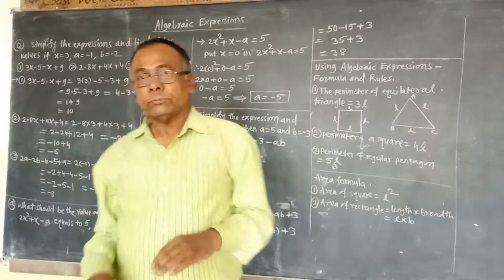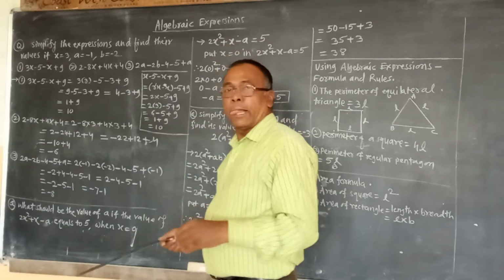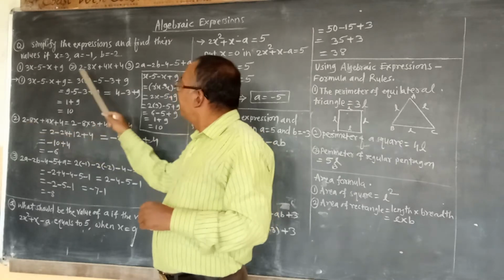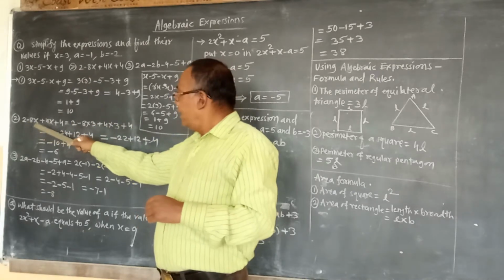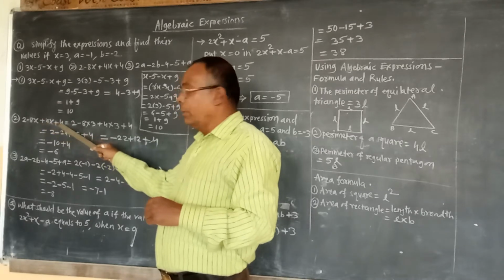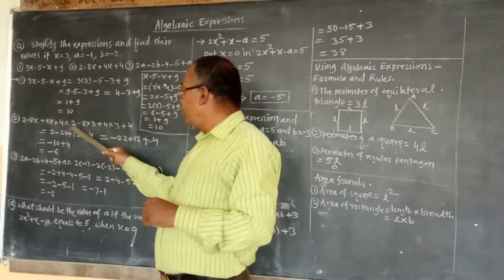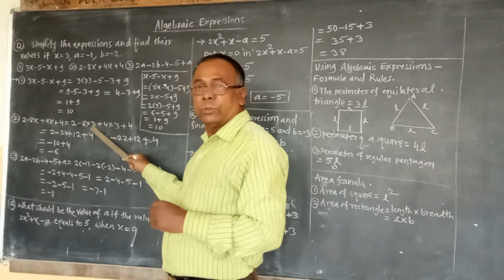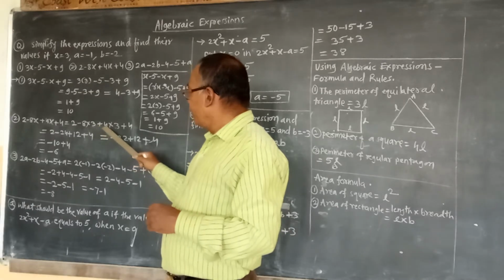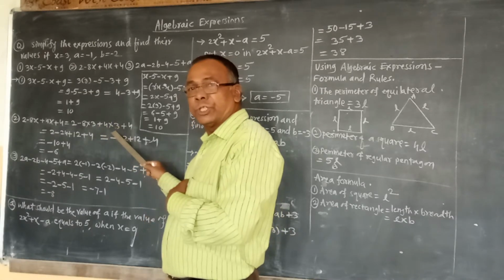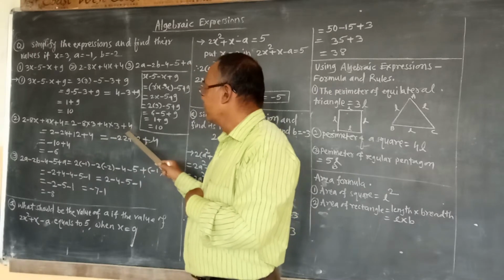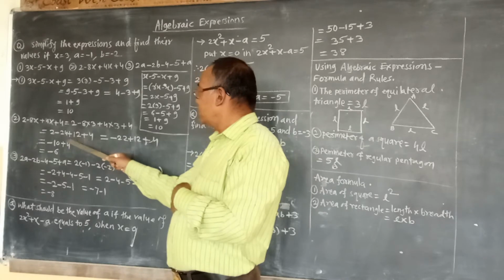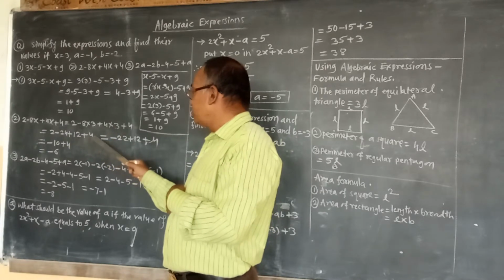And now we will see the second example, that is 2 minus 8x plus 4x plus 4, which is equal to 2 minus 8 into the value of x, 3, plus 4 into again the value of x, 3, plus 4. Here 2 minus 8 3s are 24, plus 4 3s are 12, plus 4.